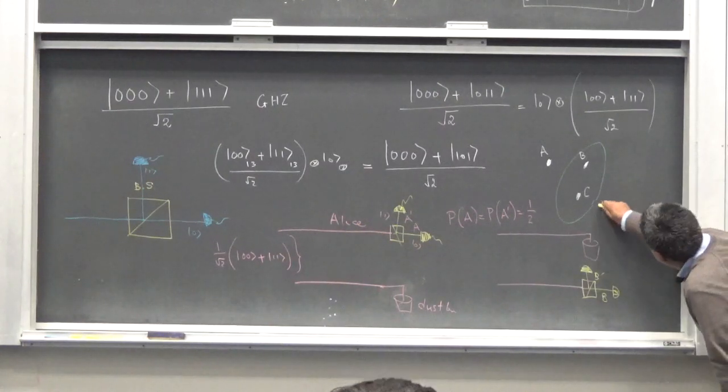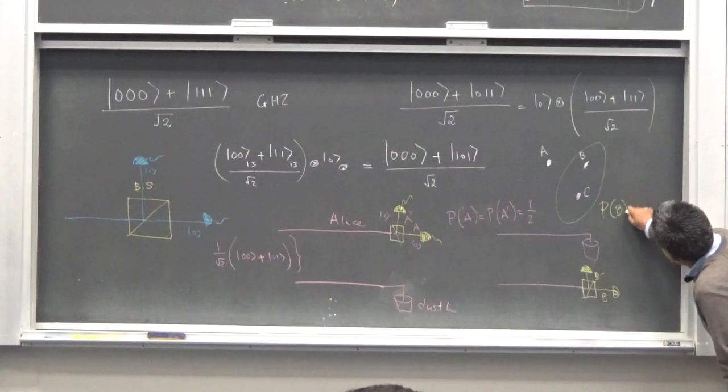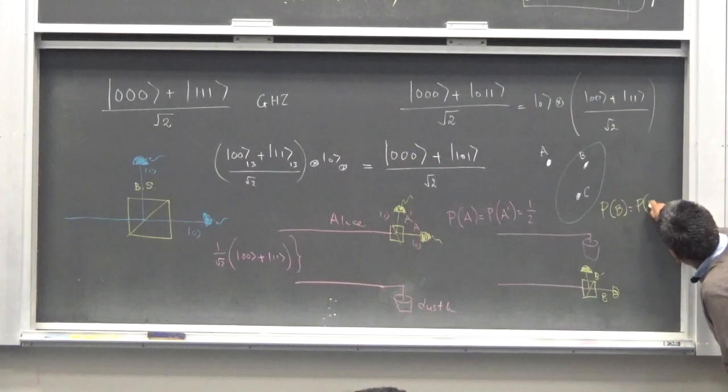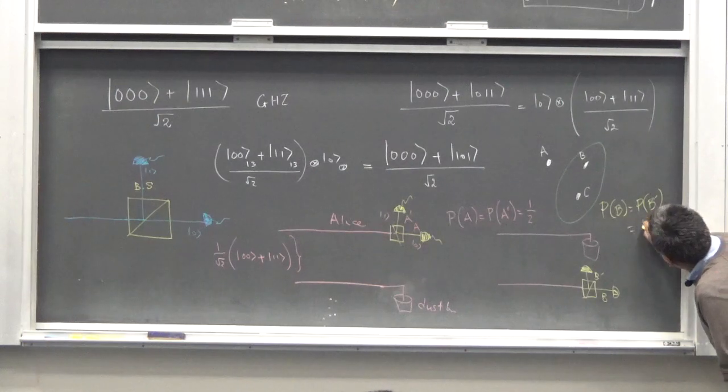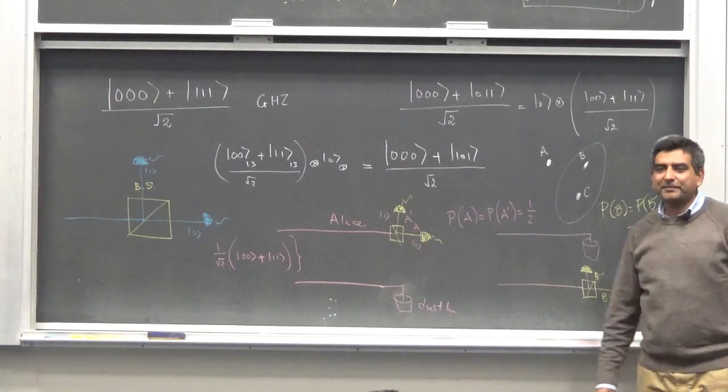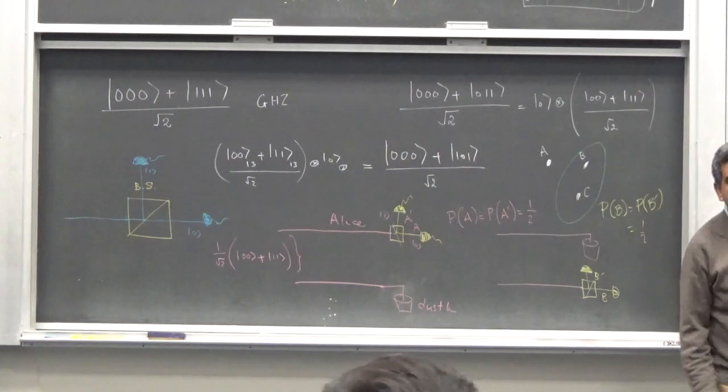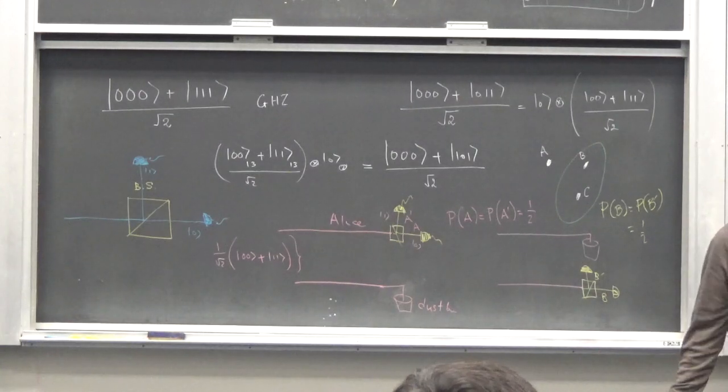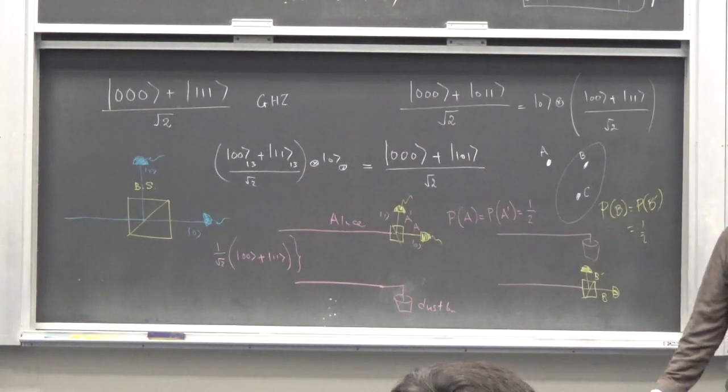So PB is the same as PB prime, it's going to be half. So you would say that my qubits are trash, they're totally random, there's no meaning to this, the entropy disorder is maximum.